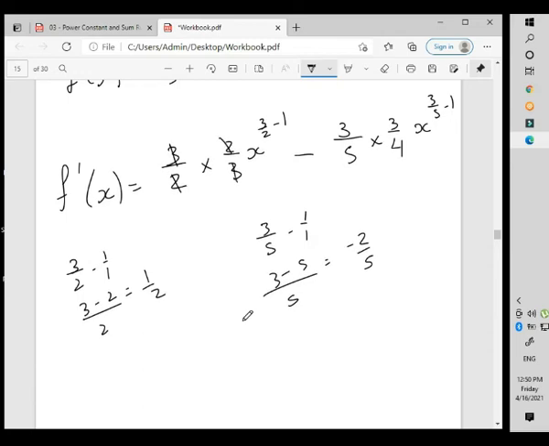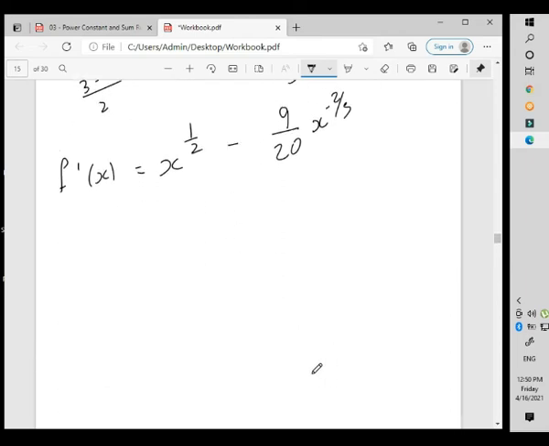This is x to the half minus 3 times 3 is 9, 5 times 4 is 20, and this is x to the minus 2 over 5, so that's going to have to go down. So f prime of x is equal to x to the half minus 9 over 20 x to the 2 over 5.